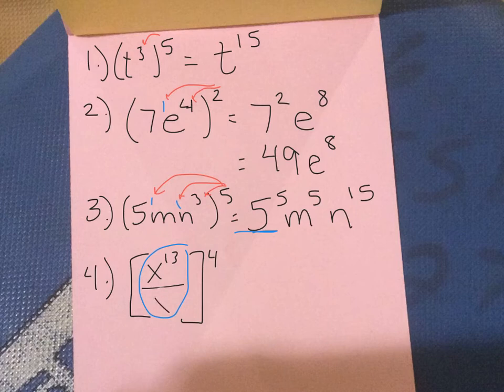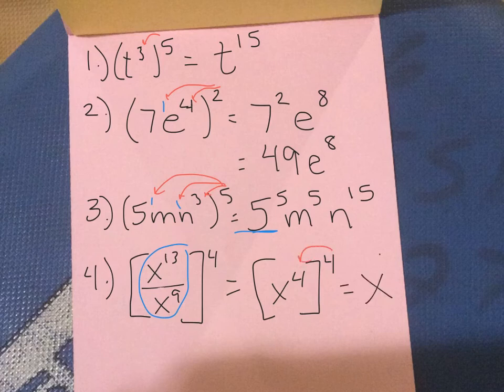Sorry, it's supposed to be x to the 9th. So first, what's in there? That's division, so subtract those exponents, and that gives us x to the 13 minus 9, which is 4, all to the 4th. Now I'm going to distribute that 4 exponent and get x to the 16.